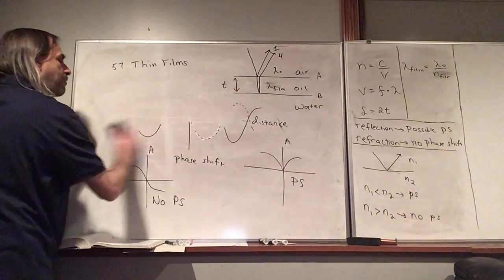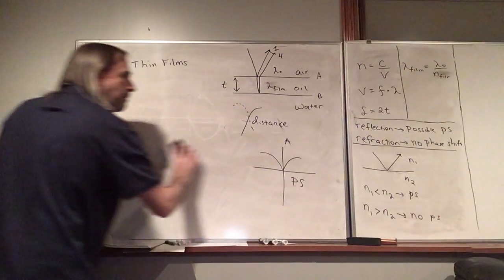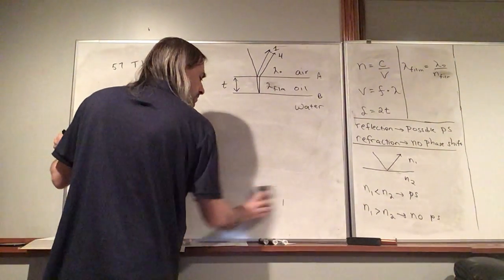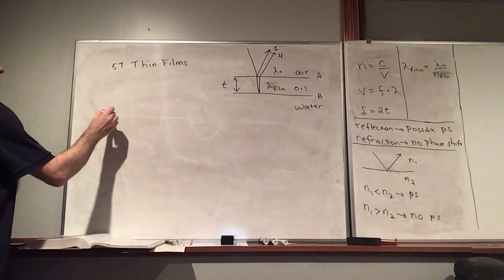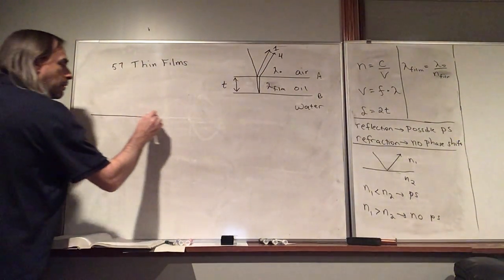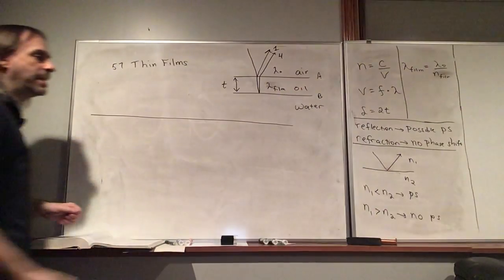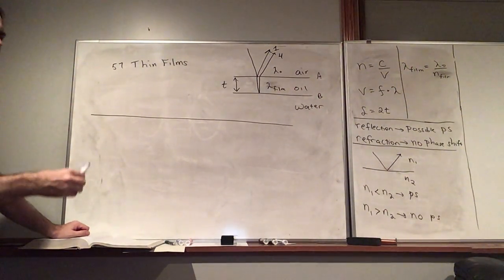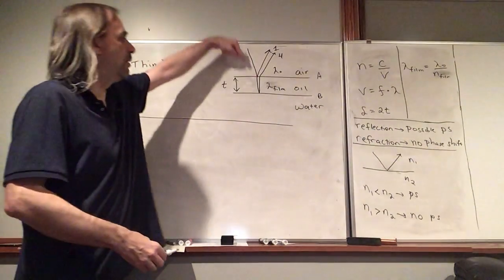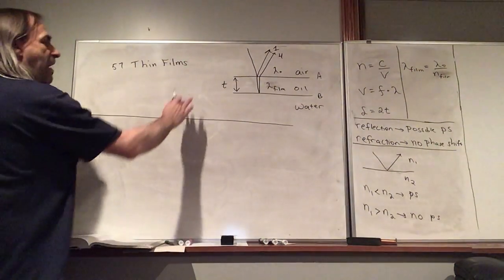Now for the second picture, this one's a bit more complicated. So what's going to happen, this is just tracing the electric field as a function of distance, without regard for whether it's going up or down in space. We're just going to keep following it.